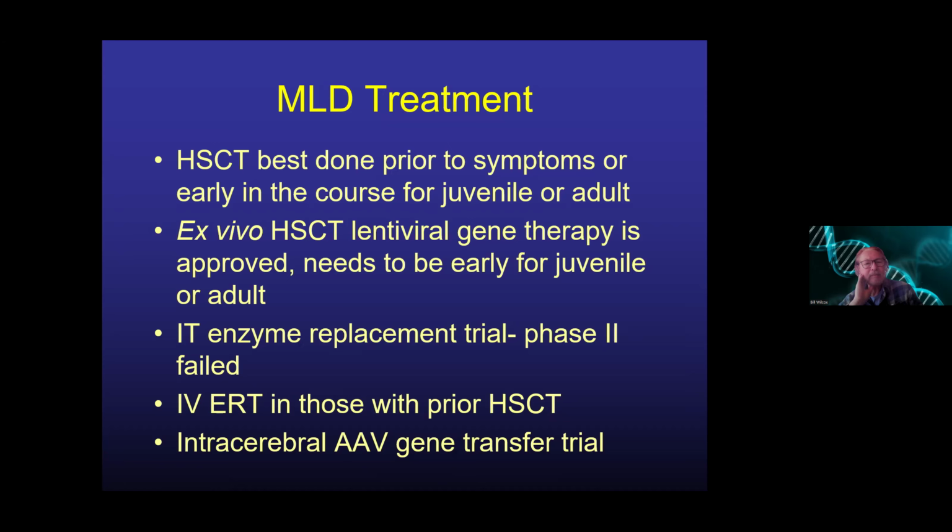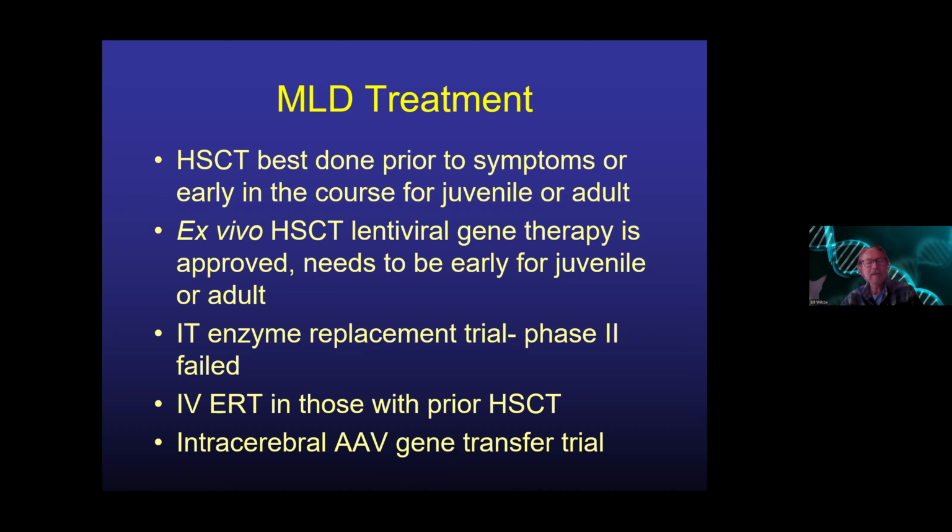Now there's an approved ex vivo stem cell lentiviral gene therapy in Europe and in the US. So they give you medication that makes you release your bone marrow stem cells.